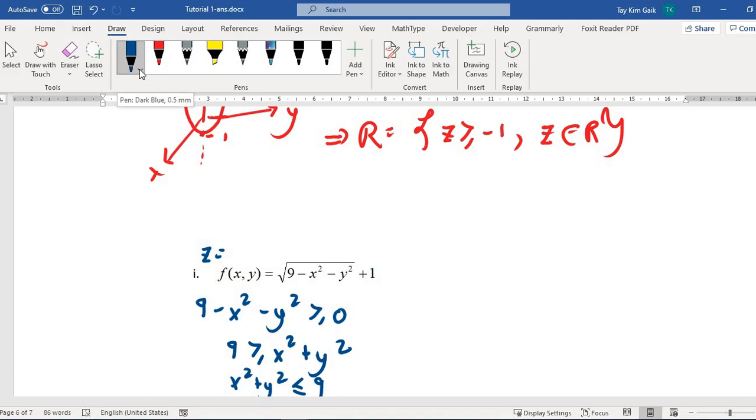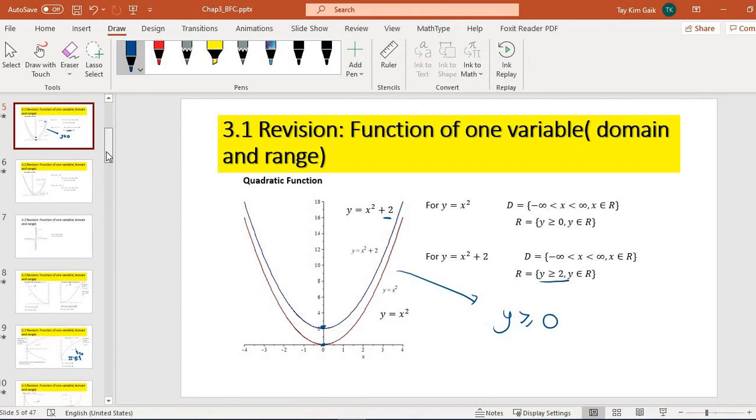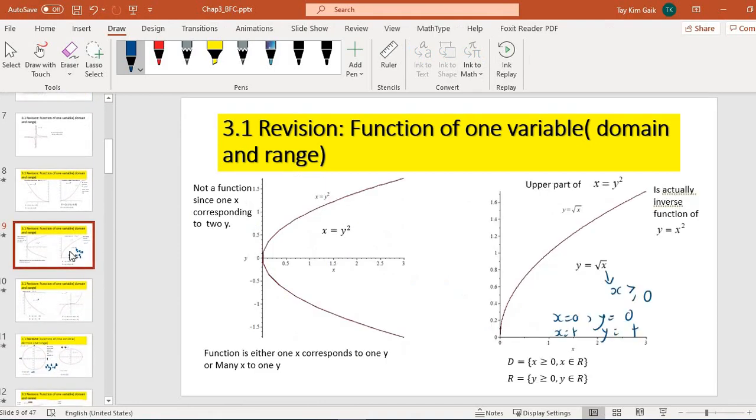Then we determine the range. Remember the square root function of one variable, y equal to the square root of x. The domain requires x greater than or equal to 0 so that the square root function is defined.